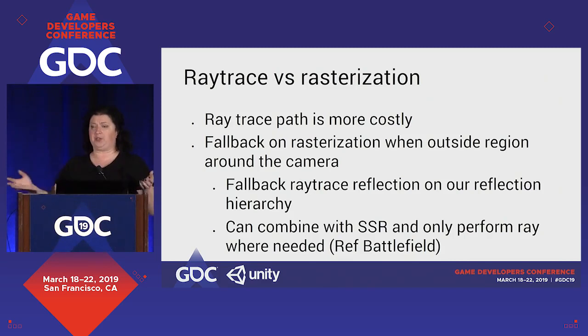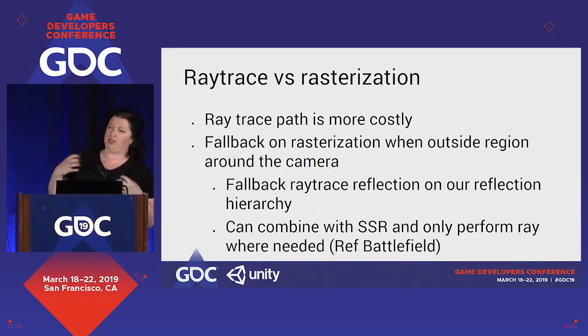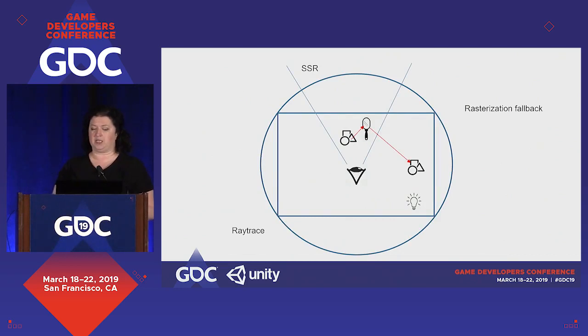Of course, the ray tracing path, for anything that you've selected, is more performance intensive. And so you need to think about how you are going to fall back on rasterization when outside the region of the camera. We talked about how we need to rethink how we're approaching camera invisibility. What we do is we fall back to ray trace reflection in our reflection hierarchy. So here's the example.